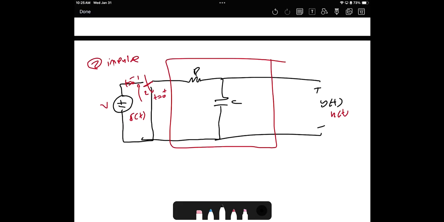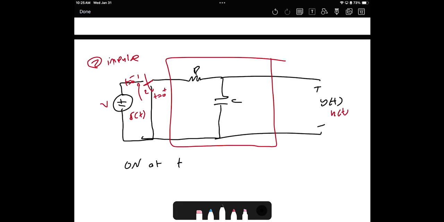It is on at t equals 0 negative, which is position 1, then position 2 at t equals 0 positive. That's how we can do the impulse response.